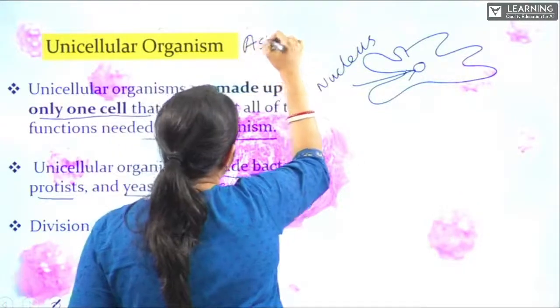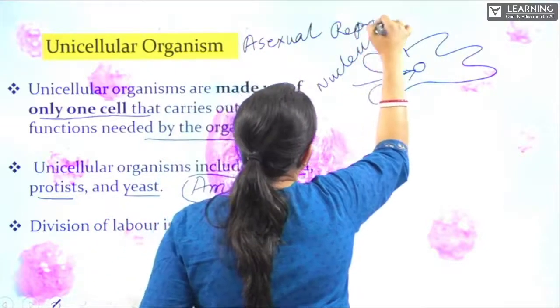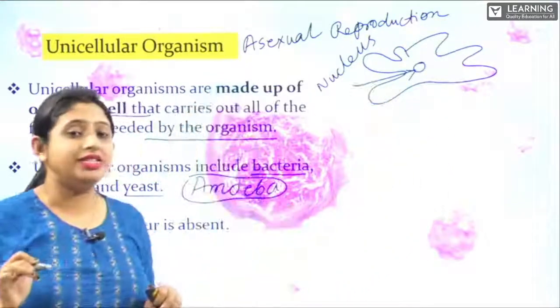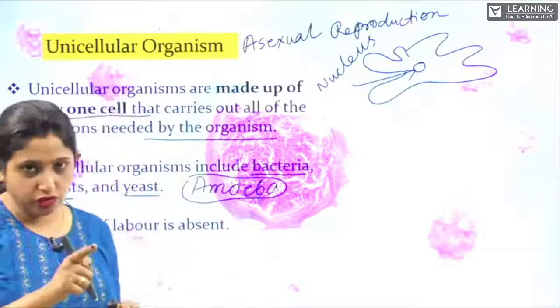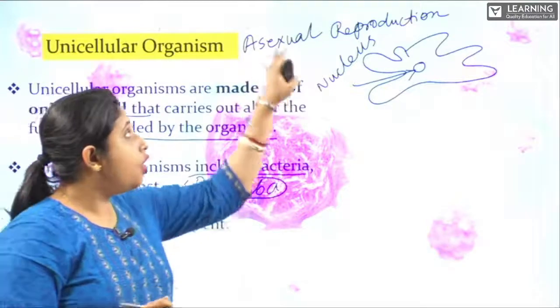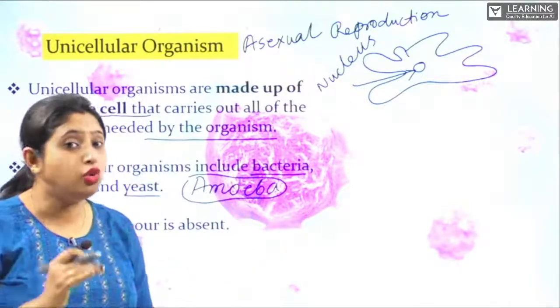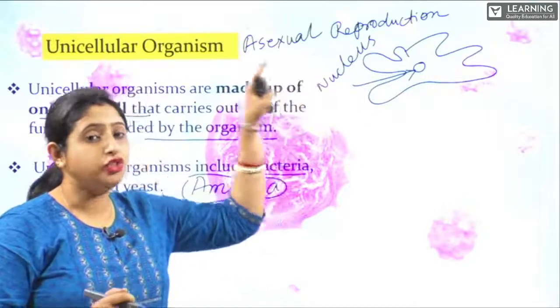What happens in asexual reproduction? Only one parent is involved, okay? There is no fusion of gametes. Only a single parent is involved, and there is no fusion of gametes taking place in this asexual reproduction.